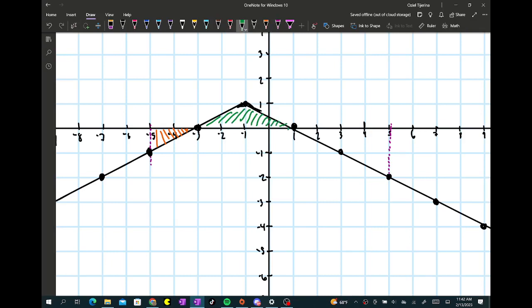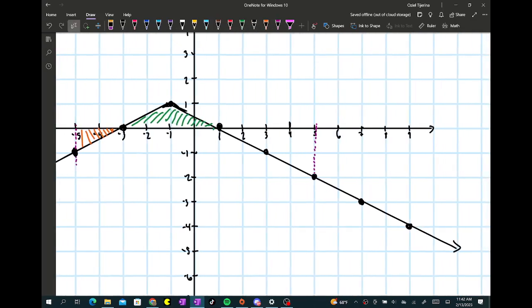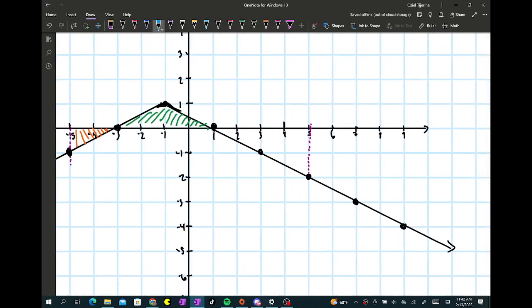And then from 1 to 5, there's yet another triangle, right? So really, we're trying to find the area of those three shapes, and we're going to use geometry to do that. That is the idea of finding the area of the absolute value function, right?